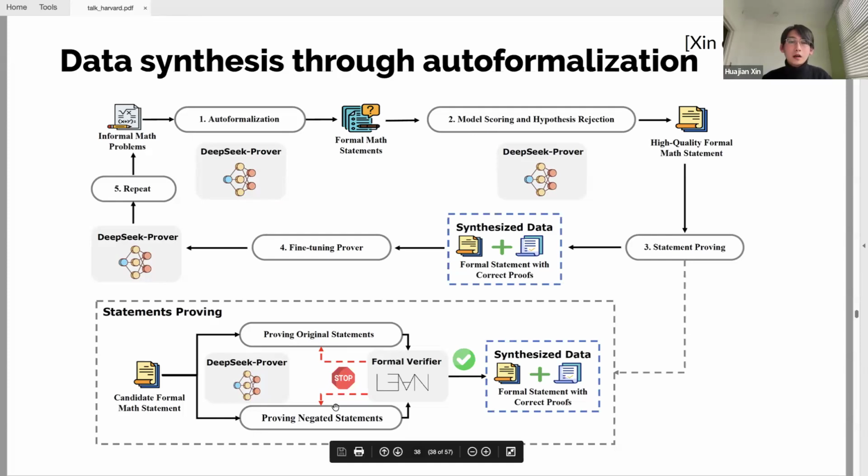If one of them is successfully proved, then we have decided the truth value of this statement, and we gather either the proof of the original statement or the proof of the negated statement into the training dataset of our model. We use all of this data to train our model to enhance its capabilities in both proving a statement and proving its negation. All of these details are in the DeepSeek-Prover version 1 paper.